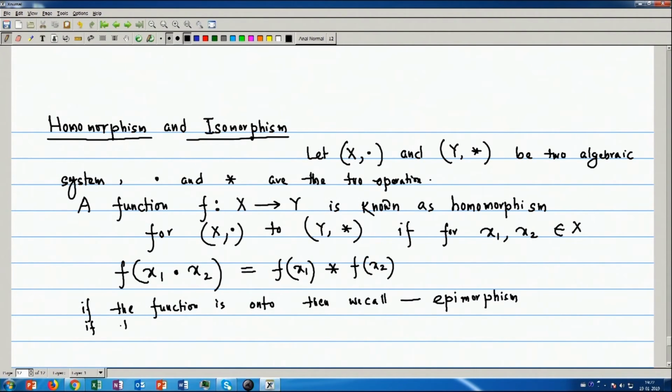If the function is one to one, then it is monomorphism.